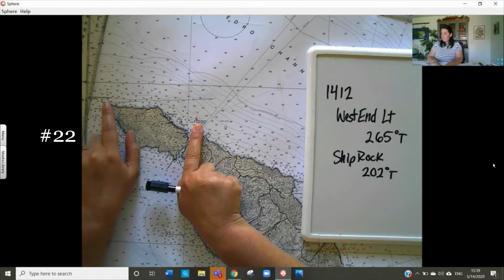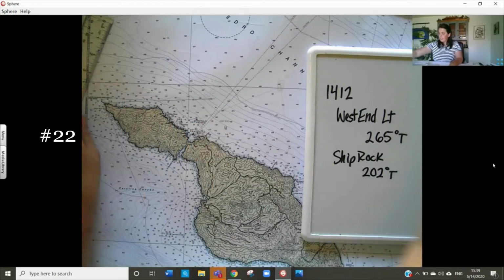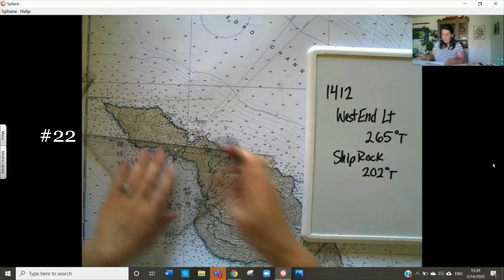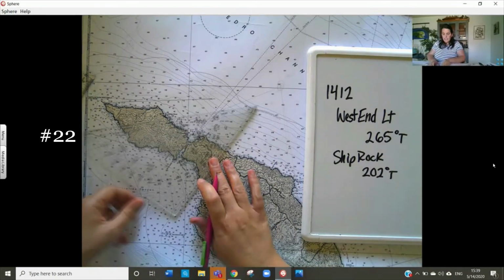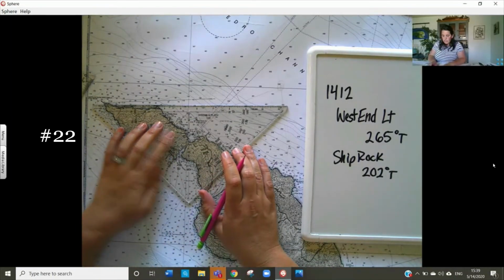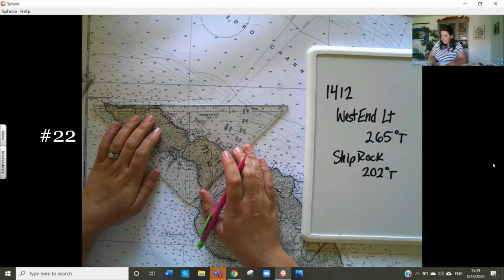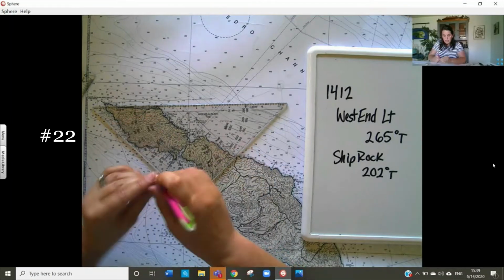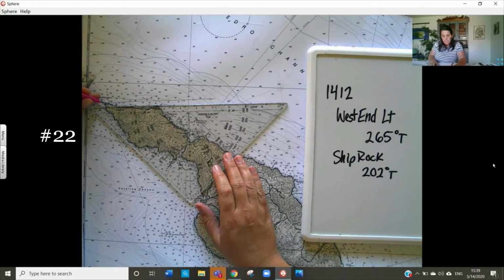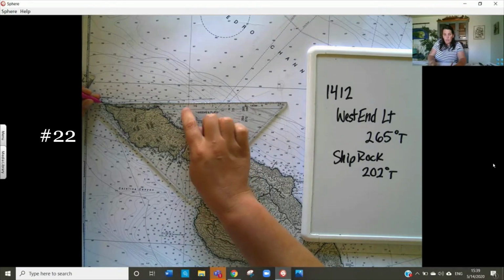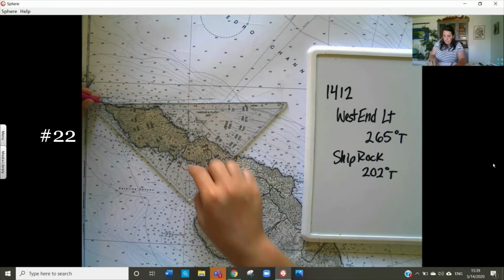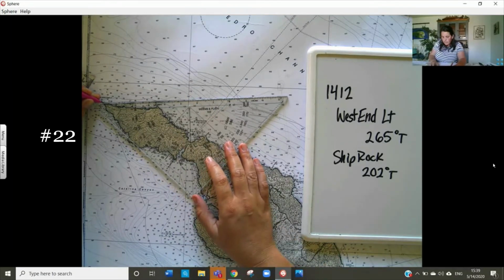So our first one is West End Light, and it was bearing 265. So I'm going to put my pencil on West End Light, put my focal point on the meridian, and then 265.